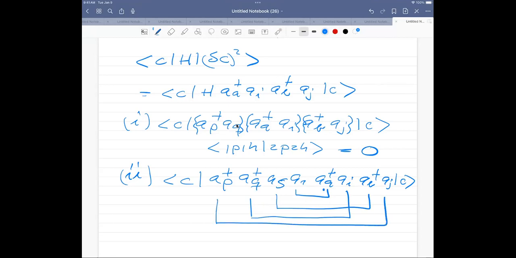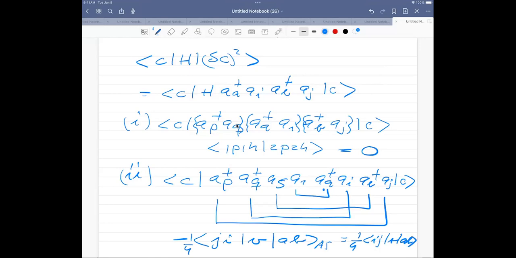So that's going to give me a matrix element, which looks like minus. So P is equal to J, and Q is equal to I. And then I have S is equal to B, and R is equal to A. So this is AB. There is a factor 1 divided by 4, anti-symmetrized. And then I can rewrite this one by interchanging I and J. So this is the same as IJ of V of AB.